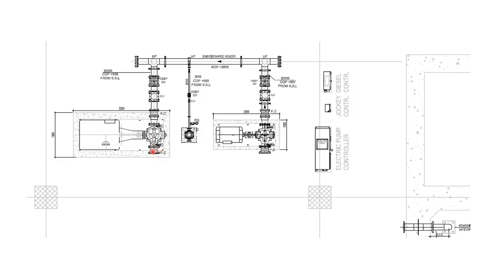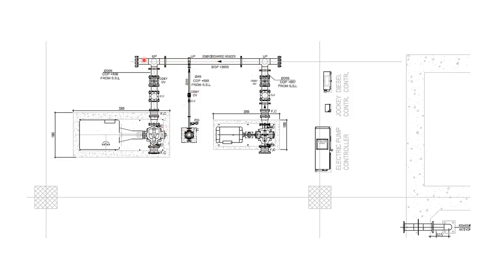So this you need to keep in mind. Also we can install flexible connectors on the suction and discharge side of the fire pumps. Apart from that, these three discharge lines are connected to a discharge header.